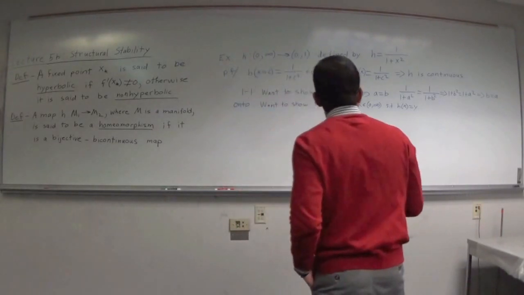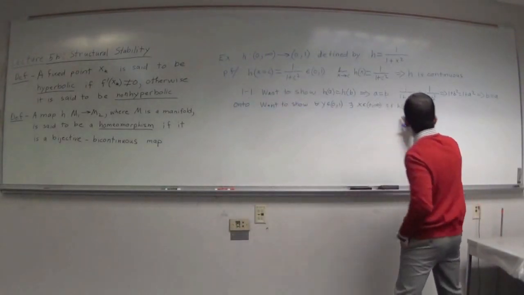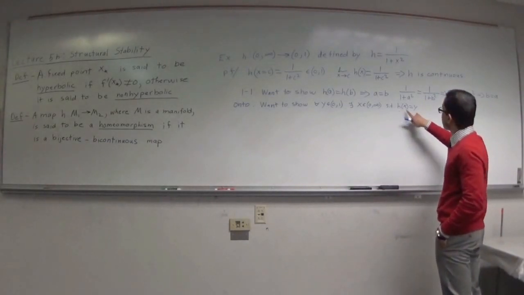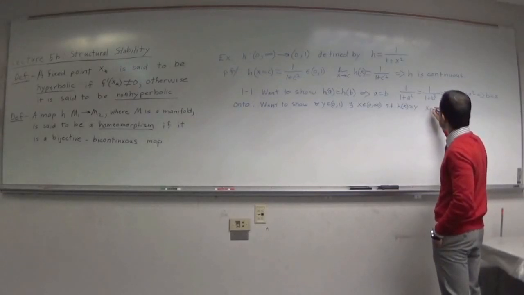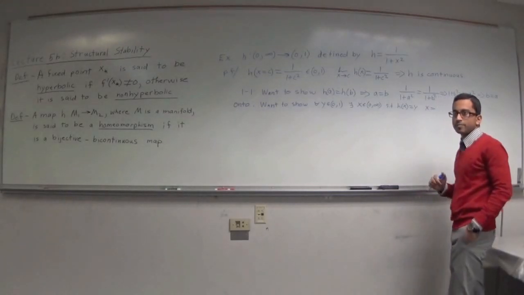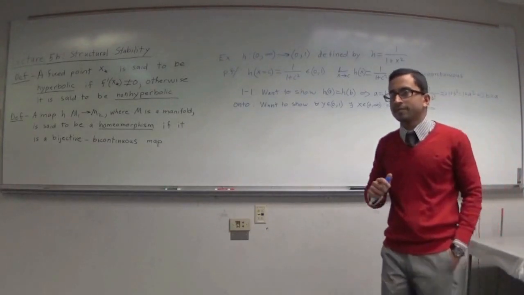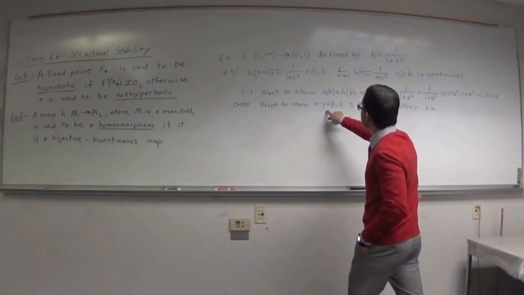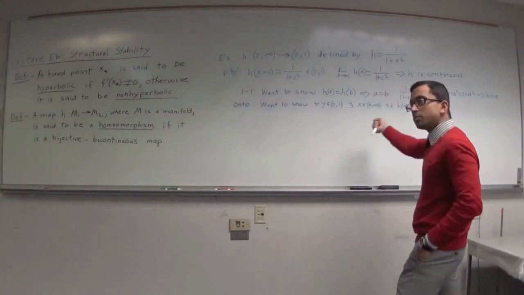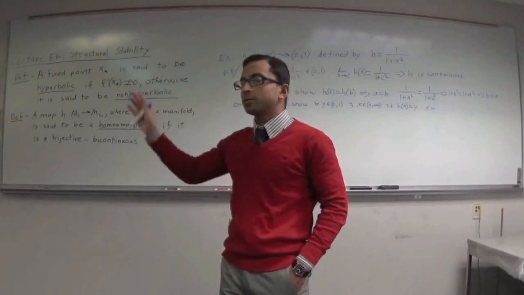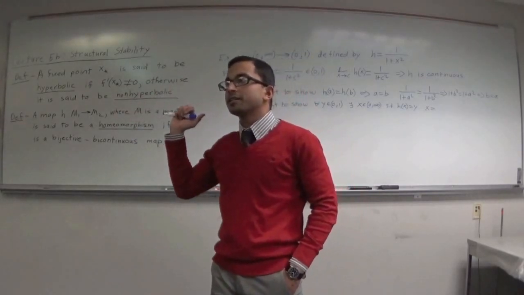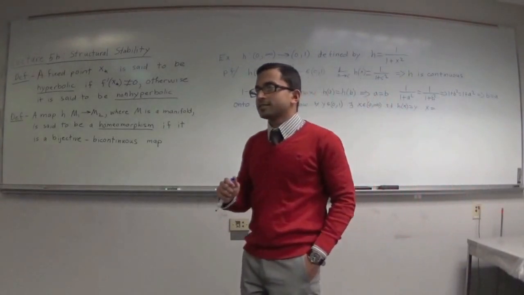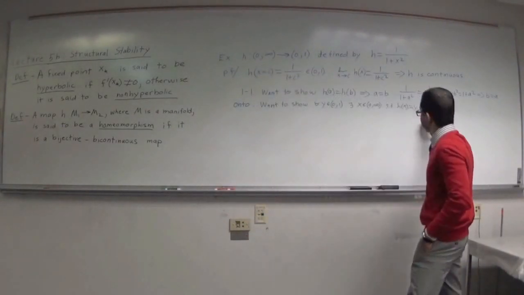So that's what we want to show, so let's go ahead and do that. Let's take y equals h of x. But if y equals h of x, then what does x equal? So let's just take a random y, and then let's see what x equals, since h of x equals y. So x equals what in this case?